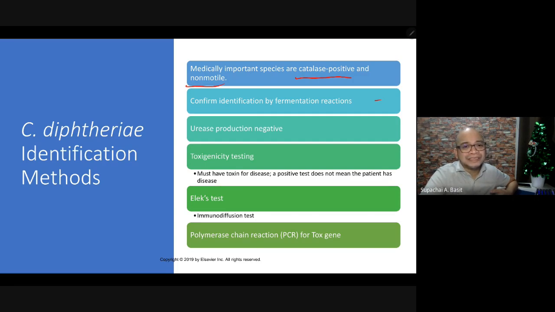But toxigenicity testing will determine if the Corynebacterium diphtheriae that we isolated is capable of producing toxin or not. There are two types of toxigenicity testing: in vivo and in vitro. An example of in vivo is the mouse virulence test, and an example of in vitro is the Elek test.